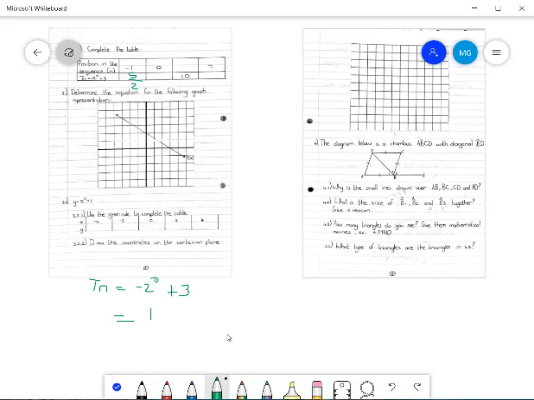Anything, absolutely anything. If I have a trillion to the power of 0, it will be 1. If you have negative 200 to the power of 0, it will be 1. Anything to the power of 0 is always 1. Okay, this is quite easy. So if n is 0, then the nth term will be 4.